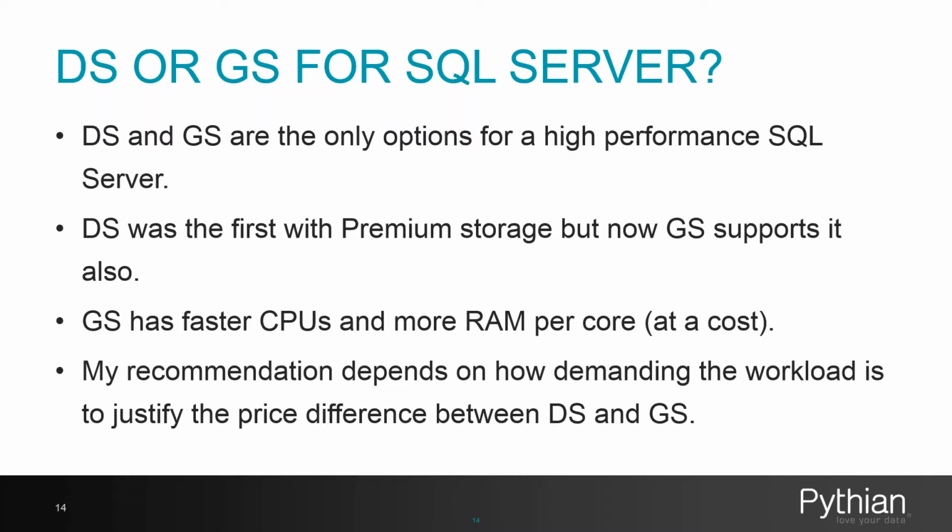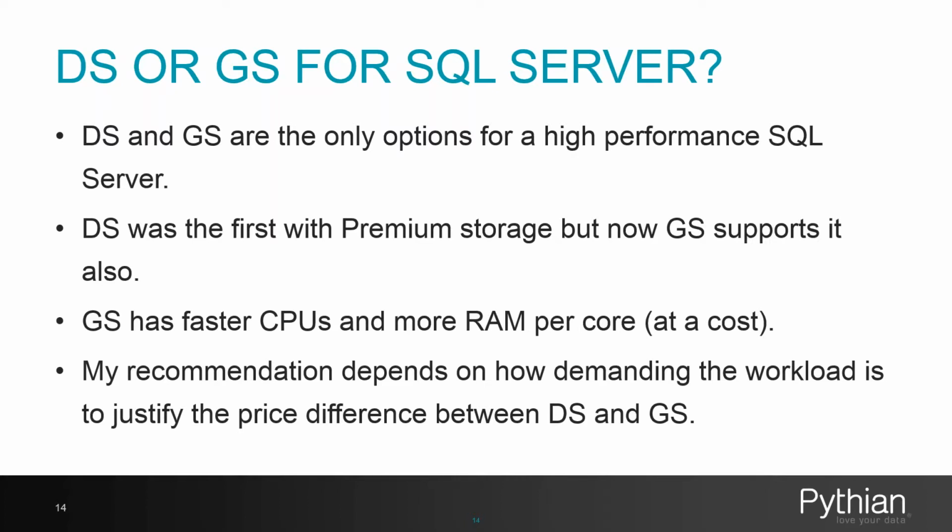However, if you have a really demanding workload that you want to put in the cloud, it might be necessary and it might be worth it. So it becomes a decision of how demanding your workload is, and whether you can stay with the DS or really have to go to the GS. My specific recommendation is don't look into the A machines, and don't look into D or G or DV2 for now.